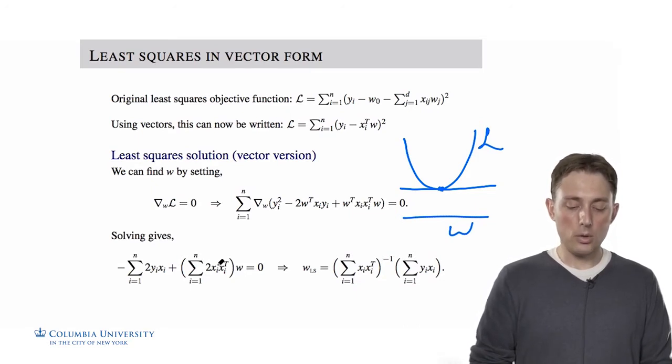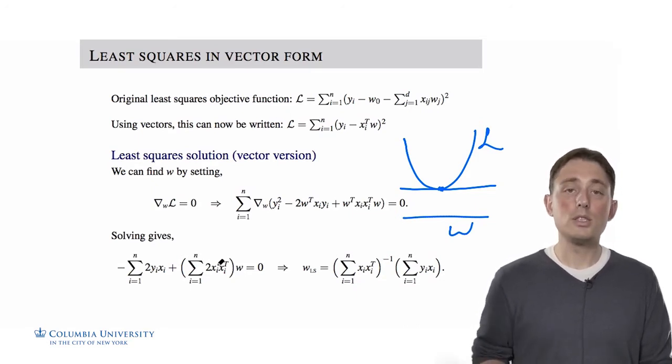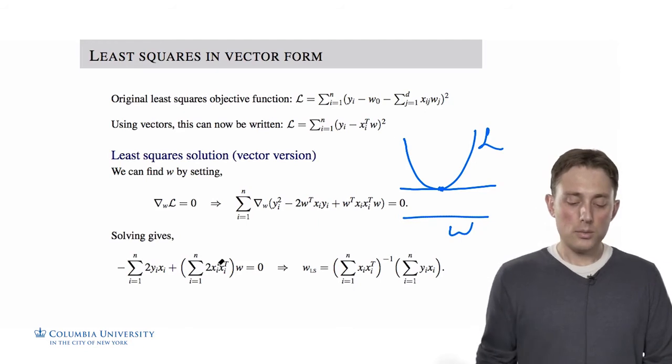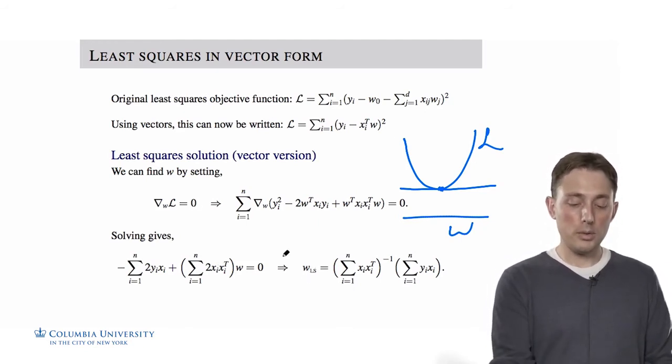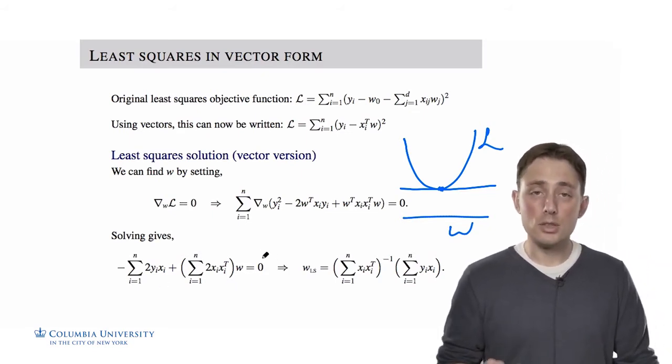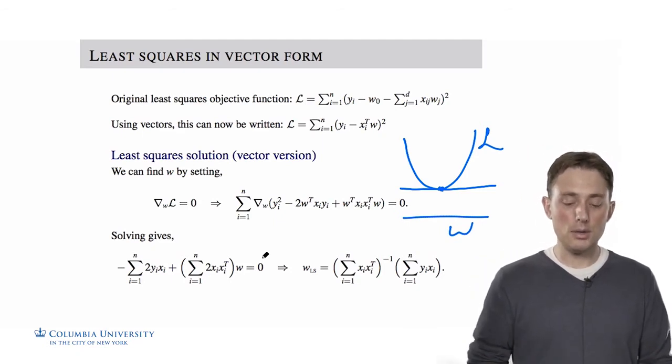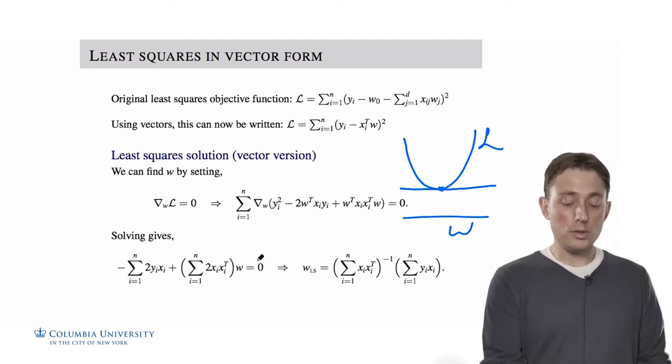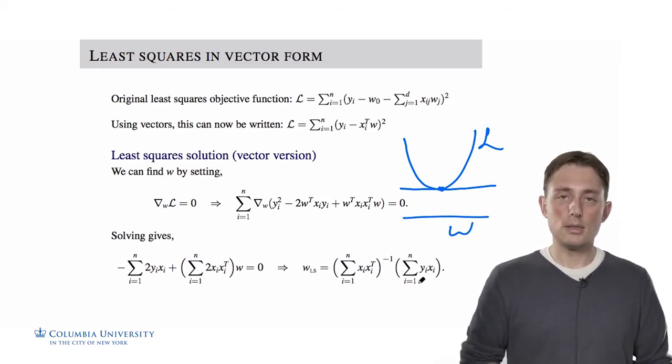We solve for w and call that the least squares solution, indicated by a subscript ls. So we take the gradient of the objective, we get this term here. We want to find the value of the vector w at which that is equal to 0, and we can solve that to obtain this solution here.